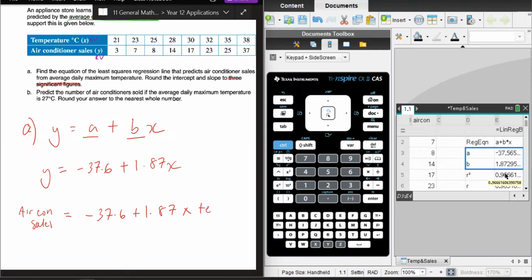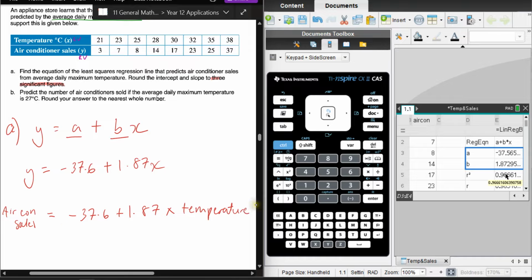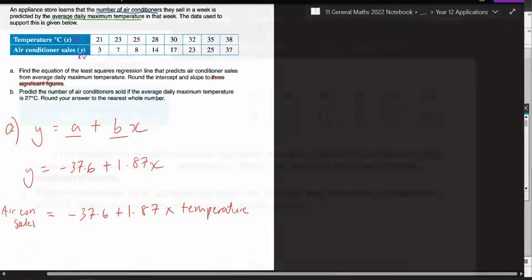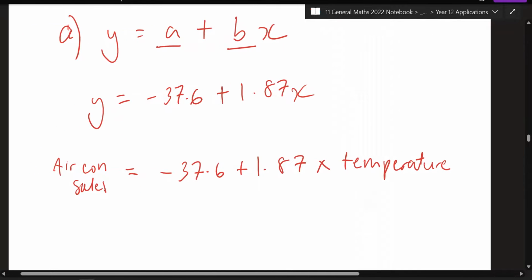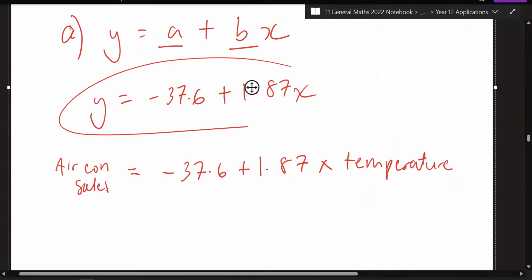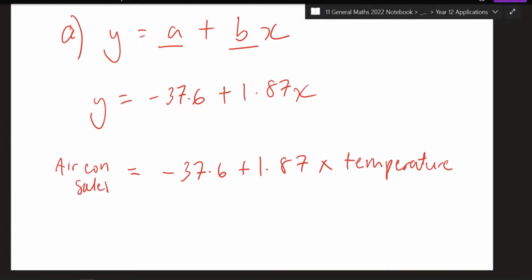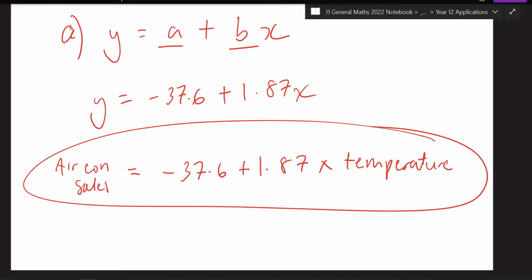So just write temperature. And that's it. Make sure you write your formula in that full form. Don't just leave it as X and Y. I believe when I was marking these in semester 1, if you just left your formula like this, technically you wouldn't get the full mark for it. You've got to make sure you change it according to the variables.